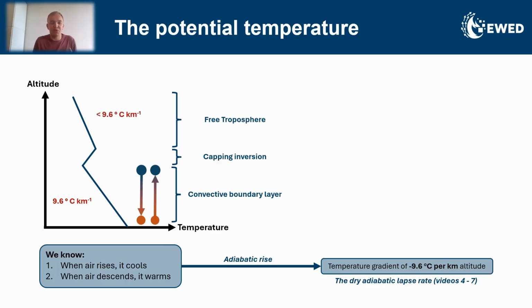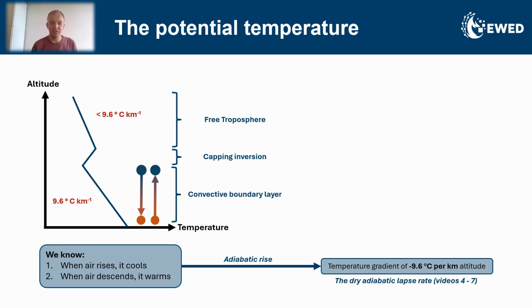Whereas in the free troposphere, we don't have this constant mixing of parcels going up and down. So here it does cool with height typically, but the rate is not so fixed as we find in the convective boundary layer.